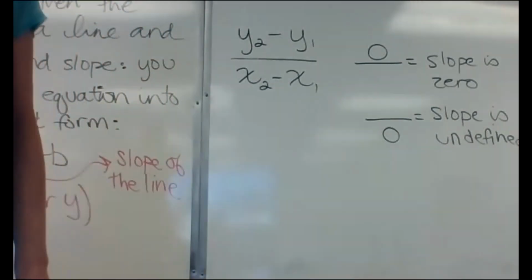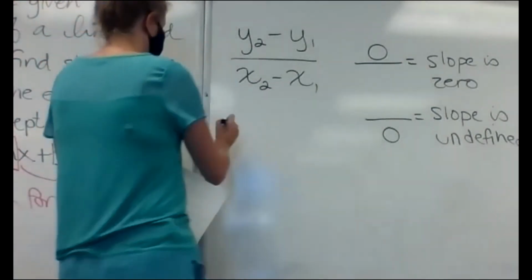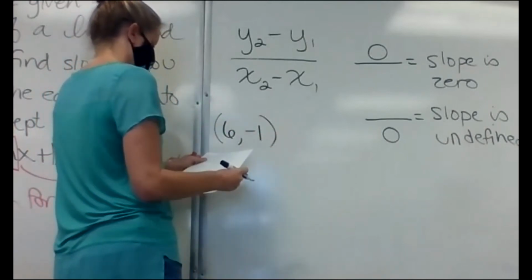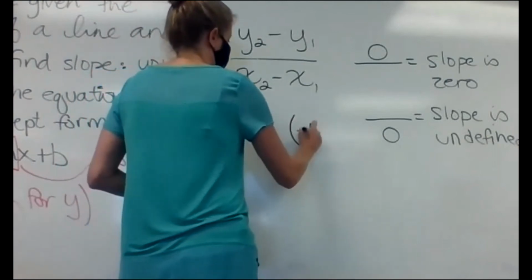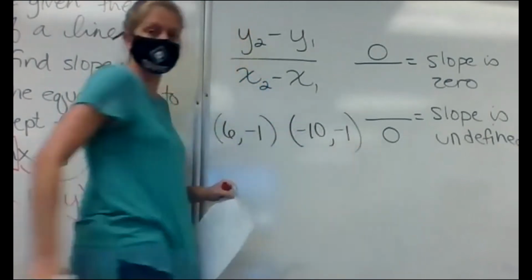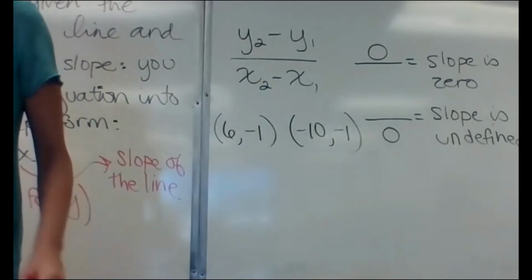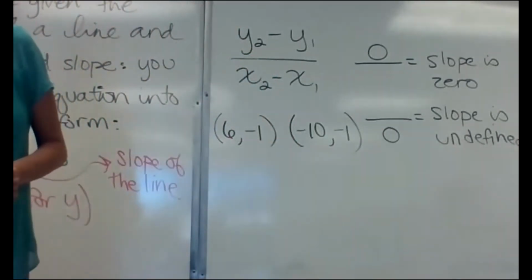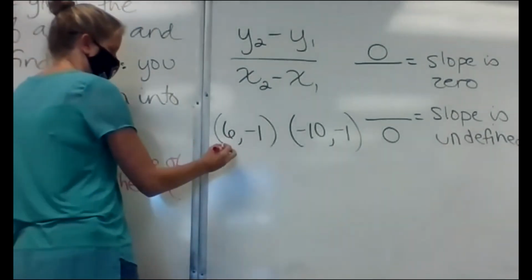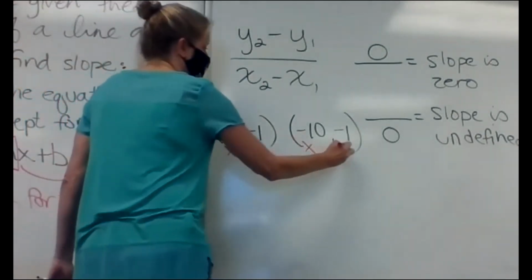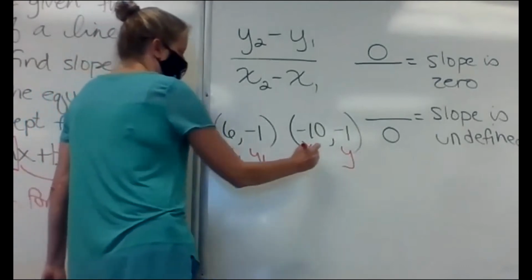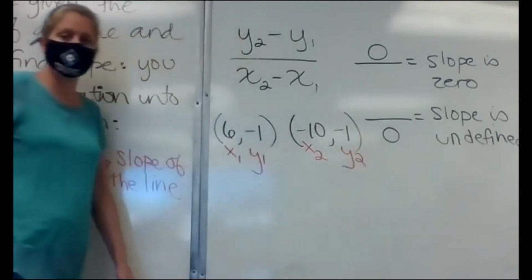So let's look at number 9. You've got 6, -1. The -10, -1. Label, x, y. First point and second point, so there's my 1s, there's my 2s.